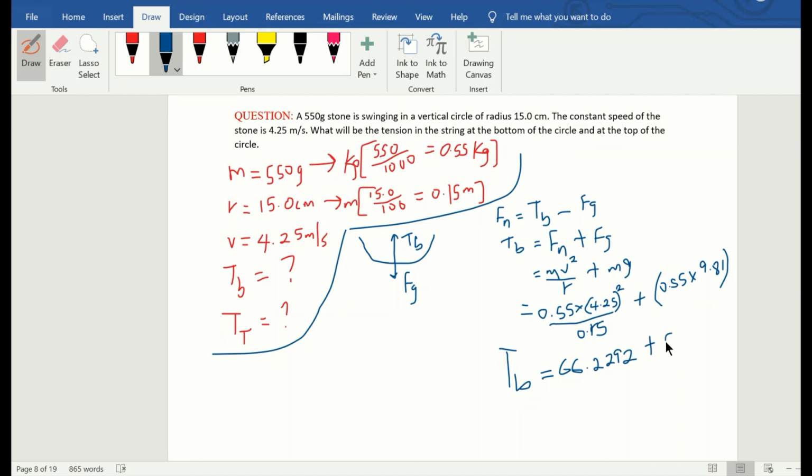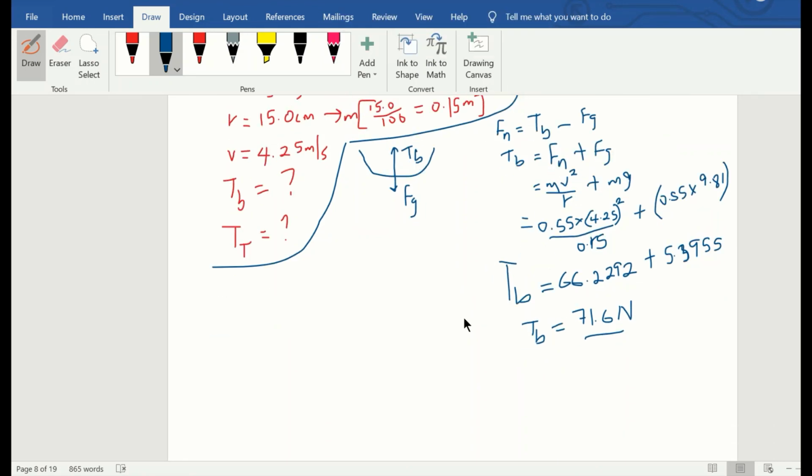That should give us 5.3955. Good. So therefore, the tension at the bottom is equal to 66.2292 plus 5.3955, which gives us approximately 71.6 Newton. So here is the tension at the bottom.